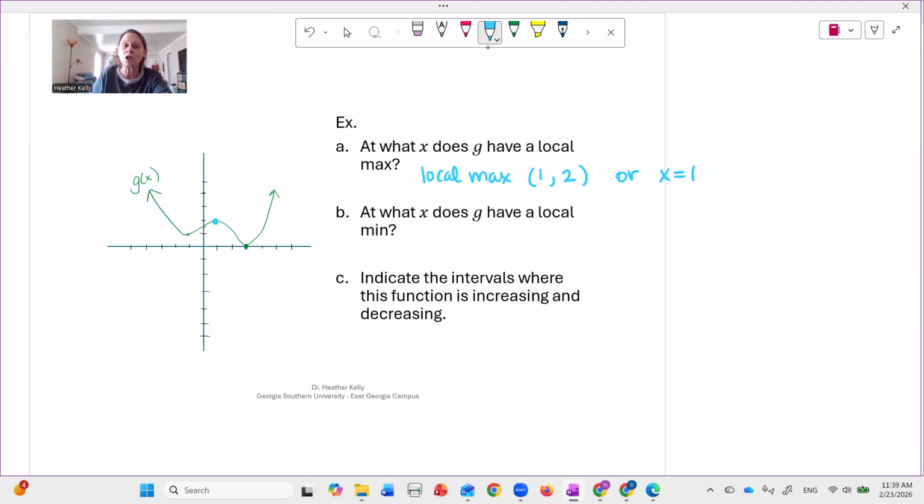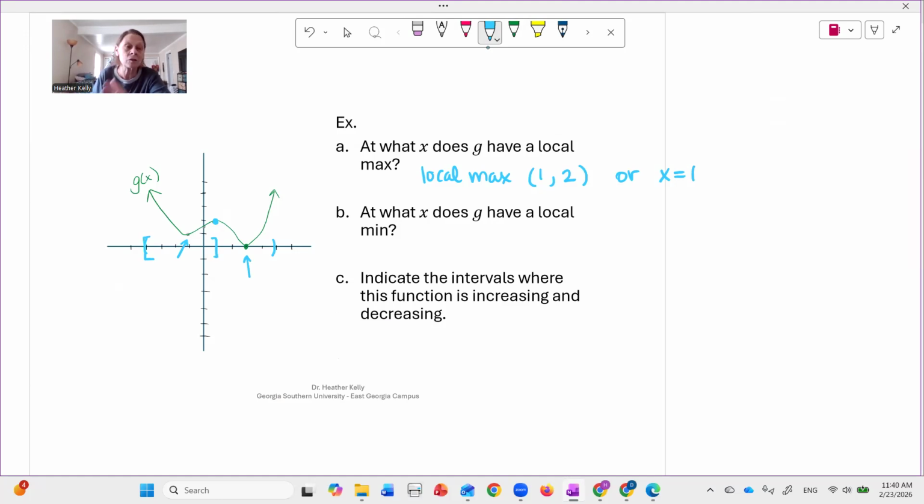At what X does G have a local minimum? Well, here is a minimum, but this is a more minimum. If we were talking about the interval from here to here, then this, of course, would be the minimum. But if, say, we were only talking from here to here, then that would be the minimum.